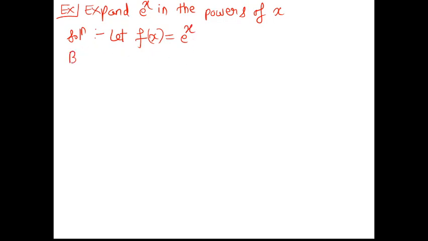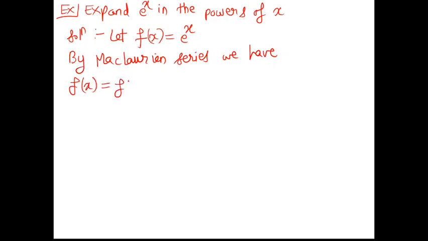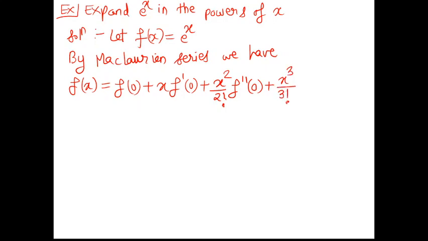Okay, so by Maclaurin series we have, let's write the formula. f of x is equal to f of 0 plus x f dash of 0 plus x square by 2 factorial f double dash of 0 plus x cube by 3 factorial f triple dash of 0 and so on.